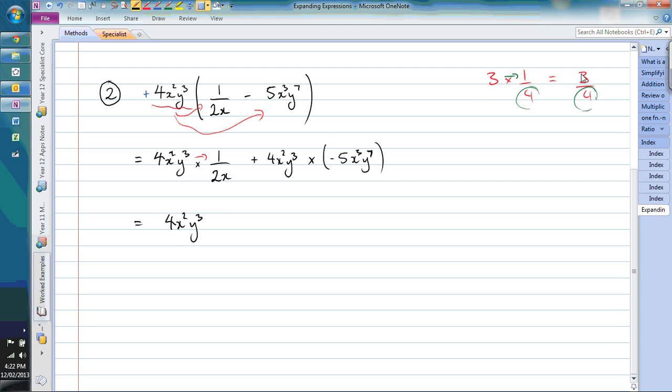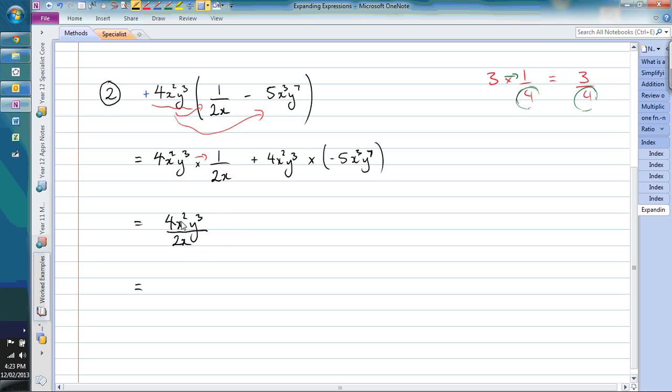Just like 3 times 1 was 3. 4x squared y cubed times 1 is 4x squared y cubed. It looks messy, but it's following the same rules as basic numbers. On the bottom, that 4 from the quarter stayed the same, so the 2x is going to stay the same.